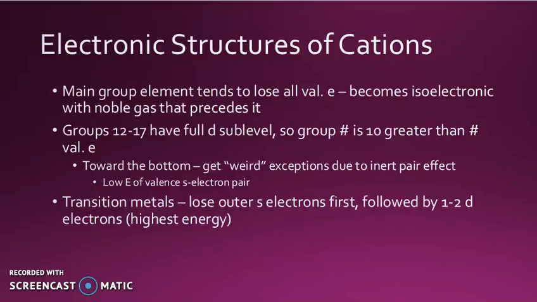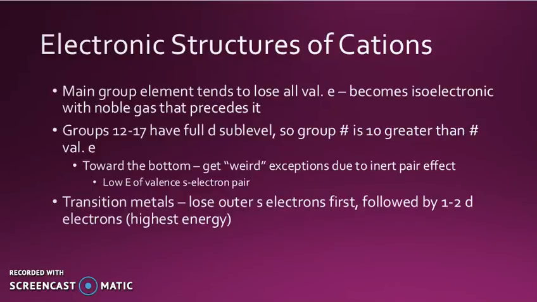So we know that when we fill the electron configuration, the S sublevel is filled first and then the D sublevel. However, when they form ions, they tend to lose those S electrons first, even though those have a lower energy.